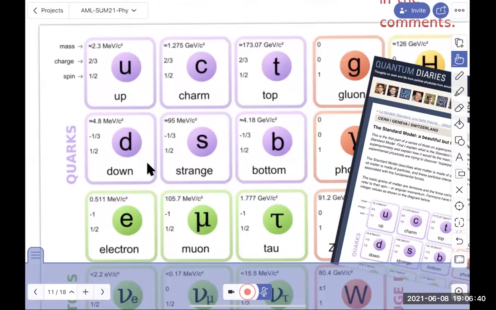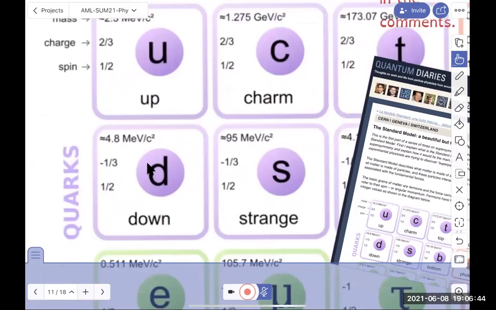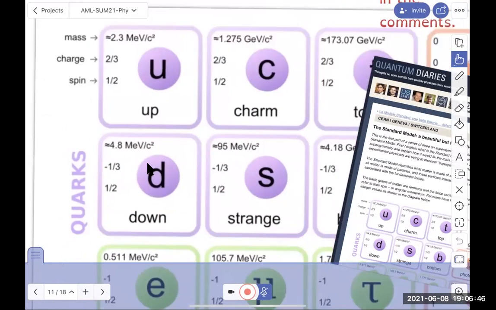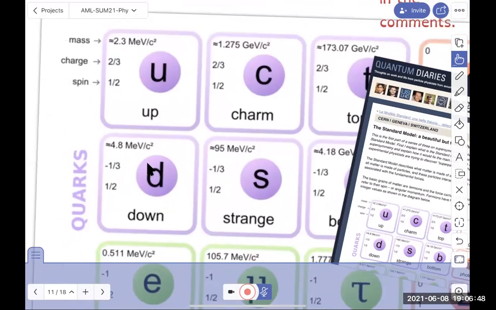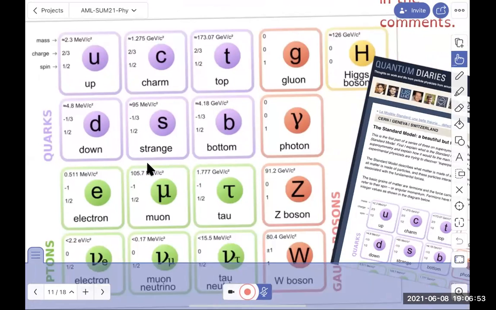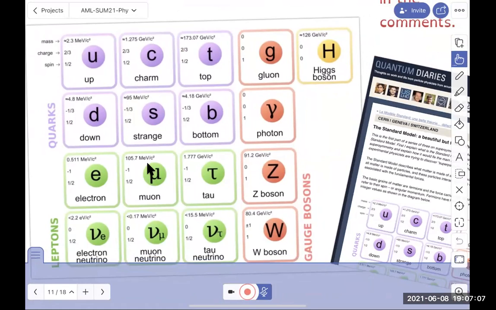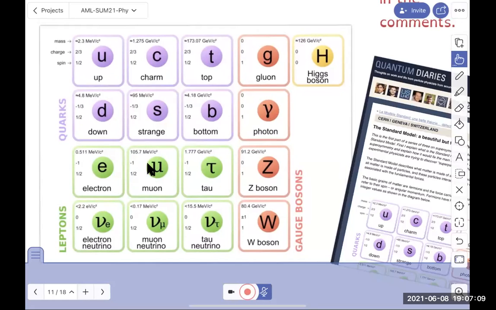Neutrons are 2 downs and an up, so 2/3 minus 1/3 minus 1/3, or 0 charge. So neutrons are neutral. But it turns out that charge is actually a third charge, a 1/3. Now, maybe we'll find something that makes up quarks one day, and we'll think, okay, it's actually 1/9 or something. But that's probably 50, 60 years from now.